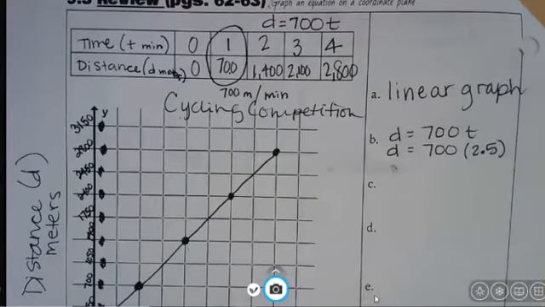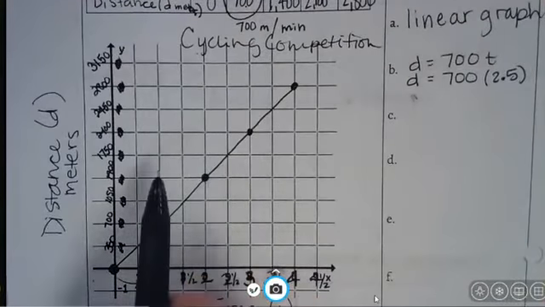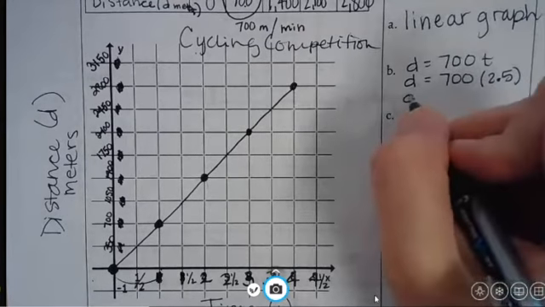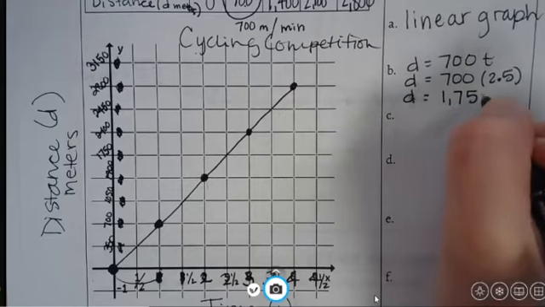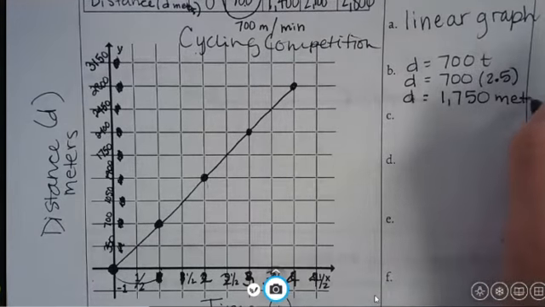It should match what I get on my chart here at 1,750. So take 700 times 2.5, either on your calculator if you have one, or you can do it with long multiplication if you didn't get a calculator and you weren't for math. So it should be 1,750 meters.